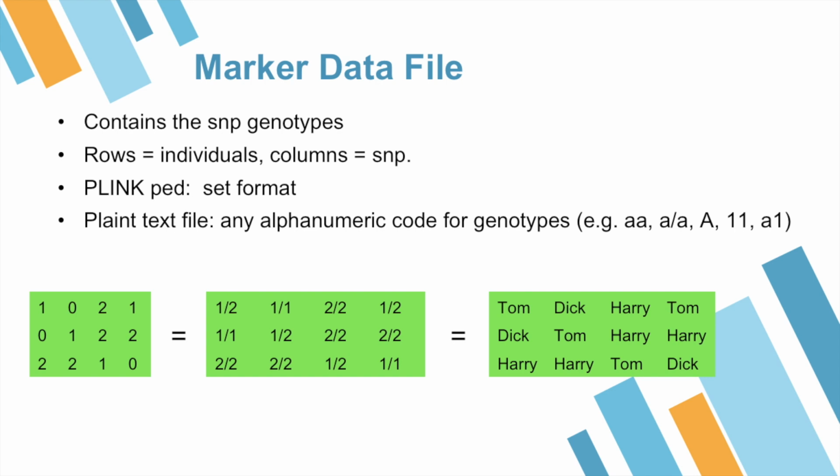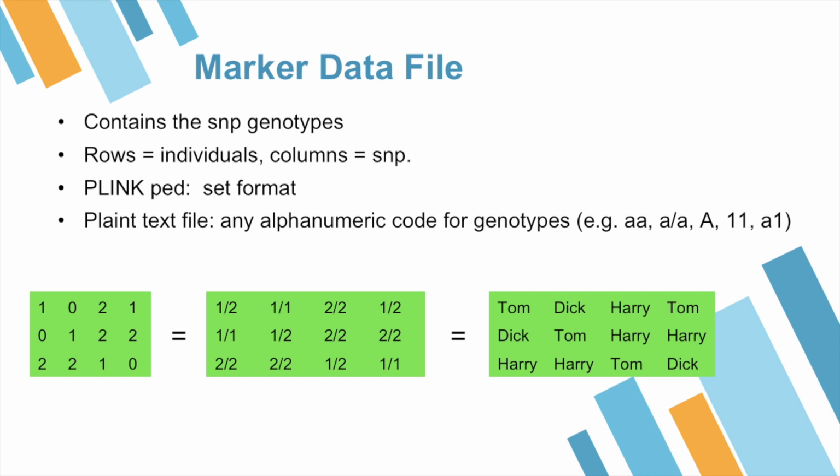So even though they might look very different, they're actually equivalent ways of coding up the same information. So in that first block of text, I'm just using zeros, ones and twos, so not very imaginative. But in this second block, here I have the allelic information. So as long as you don't have any spaces between those alleles, everything is fine.